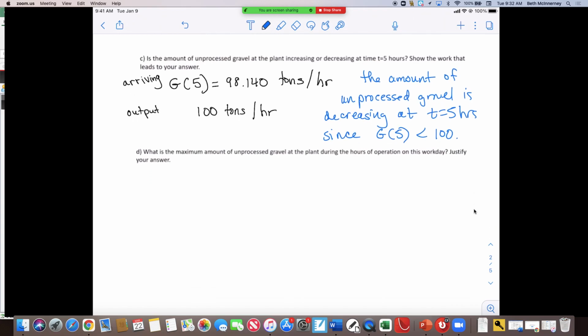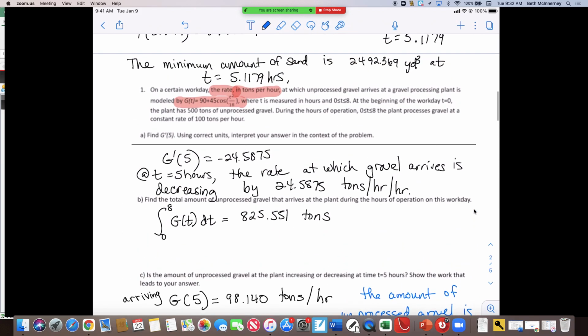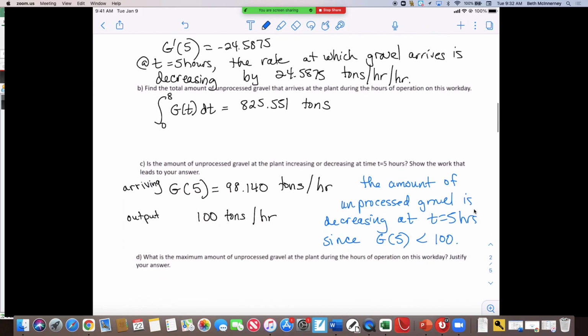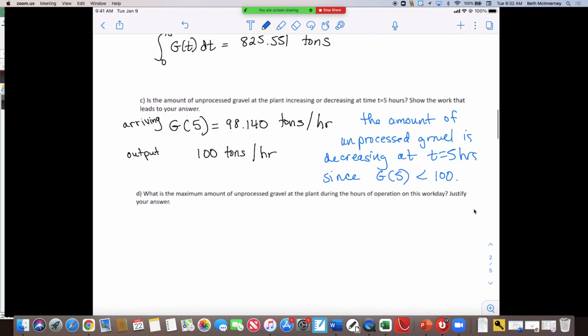All right, letter D. What is the maximum amount of unprocessed gravel at the plant during the hours of operation on this workday? And justify your answer. So we're going to look back, and do you see that that is a closed interval? So we're going to need to do the extreme value theorem using the candidates test.